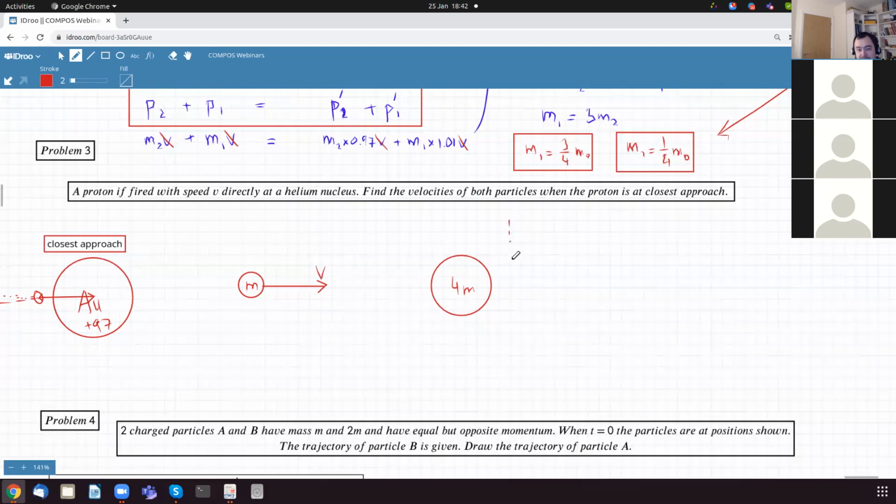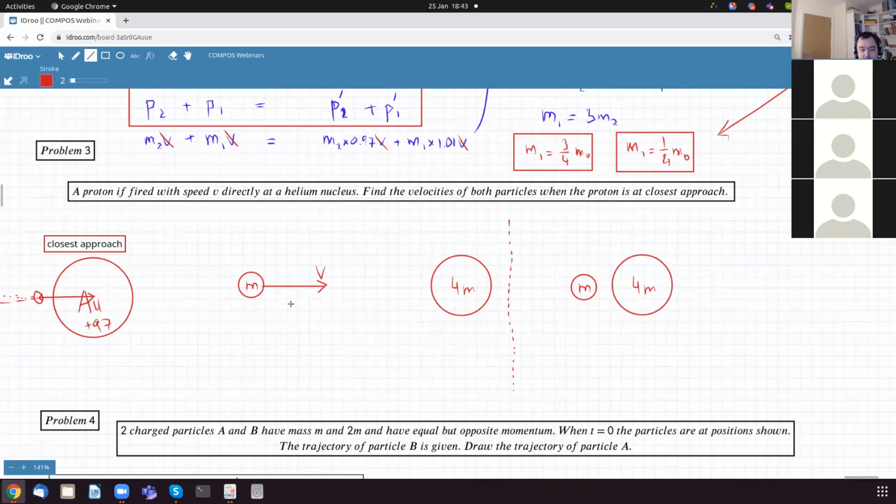What we need to understand is that when they are at closest approach, their relative velocity is 0. At closest approach, when they are closest to each other, they will be flying together with the same speed.